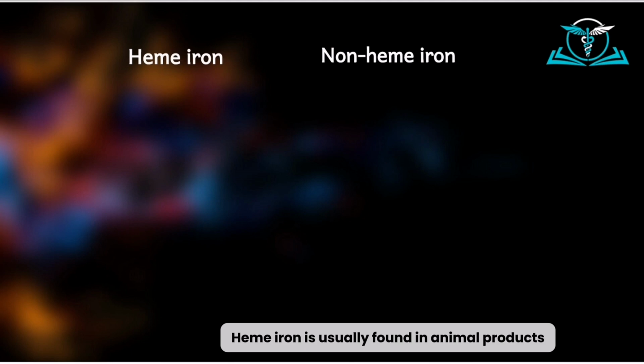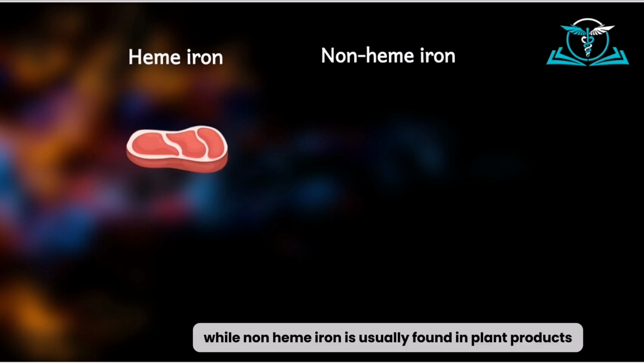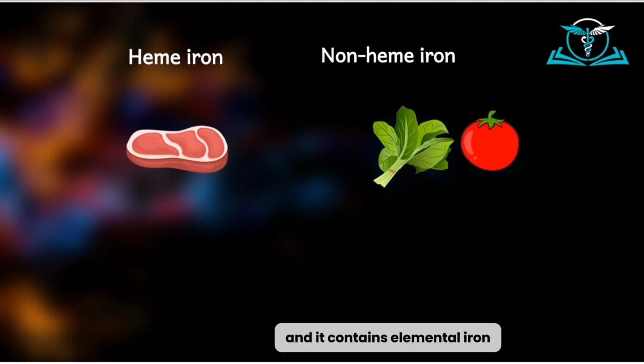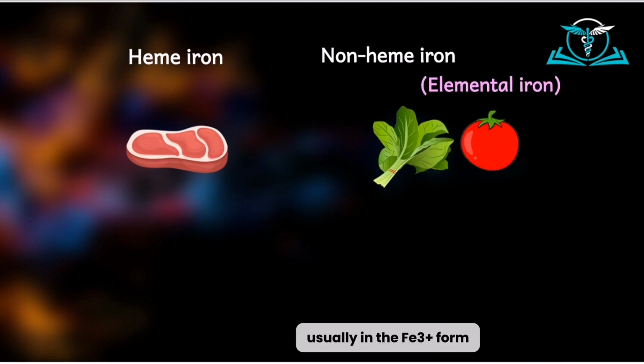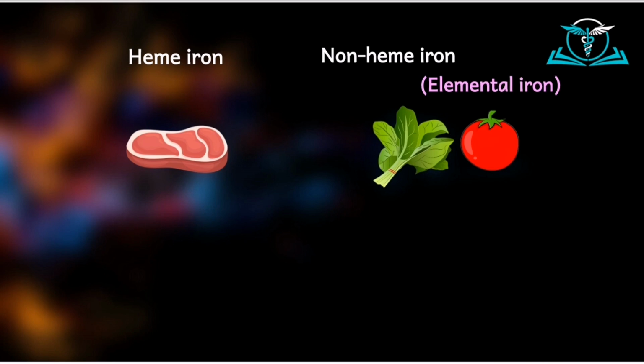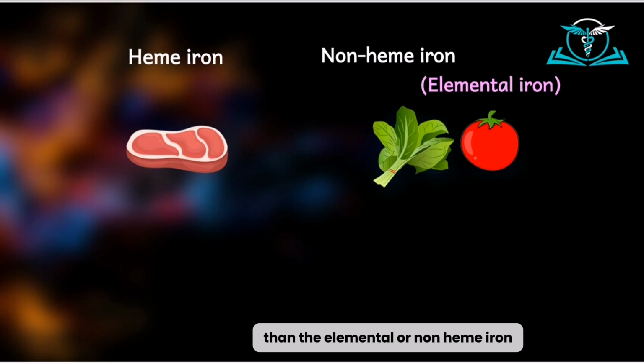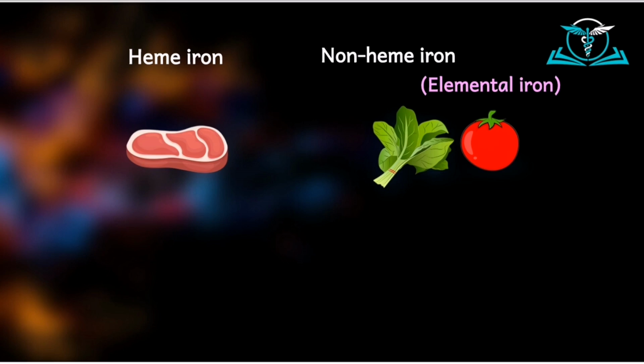Heme iron is usually found in animal products such as meat, while non-heme iron is usually found in plant products such as green leafy vegetables, tomatoes, etc. And it contains elemental iron, usually in the Fe3+ form. And generally, heme iron is more readily absorbed than the elemental or non-heme iron.